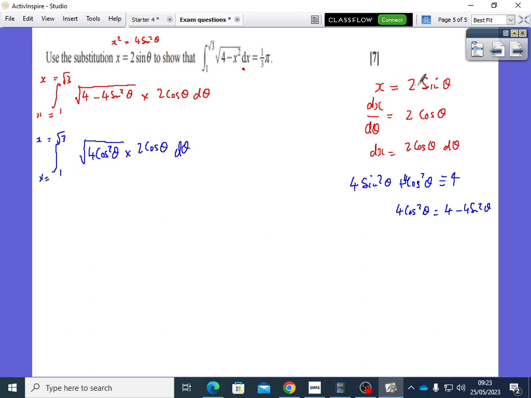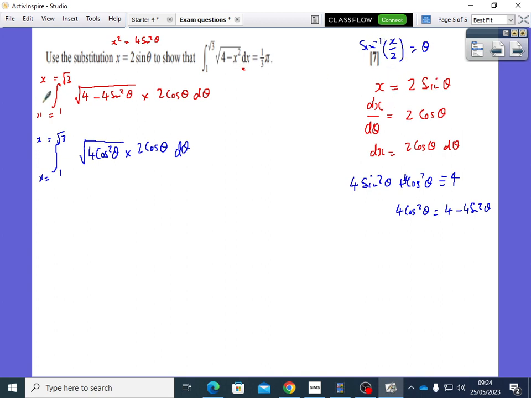So talking about x limits, if that is the case here where x equals 2 sine theta, if I want to find what theta is, I'll reverse this, so that will be x divided by 2 and then take the sine inverse, and that will give me theta. So I'll say that again, you divide x by 2 and take the sine inverse, and it gives you theta.